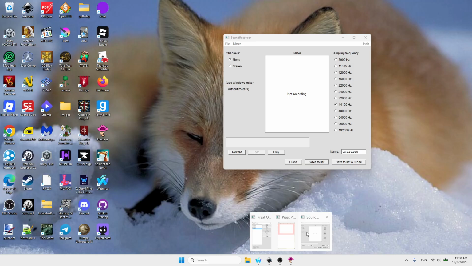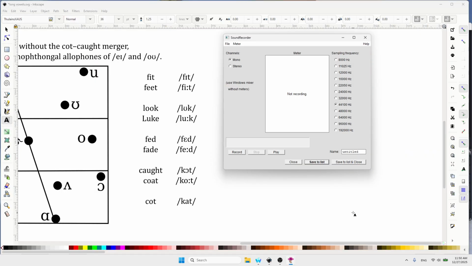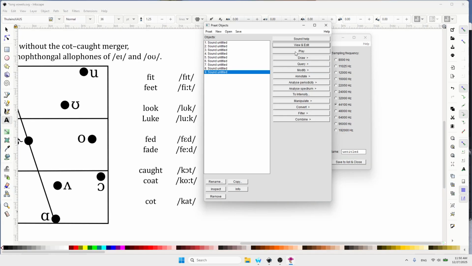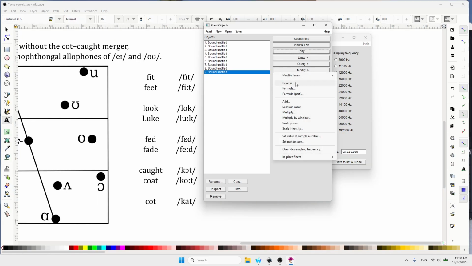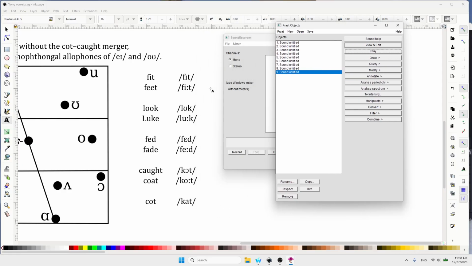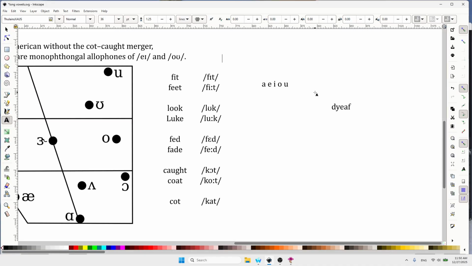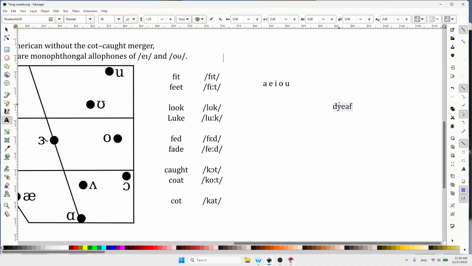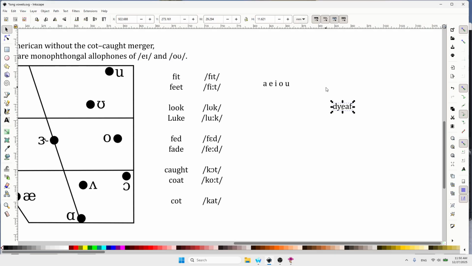I'll try saying Jeff in the thing. Jeff. Face, face. I have no idea why the consonants get messed up so much. I really cannot hear them as consonants.